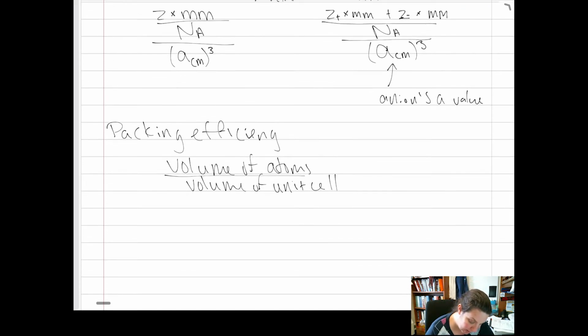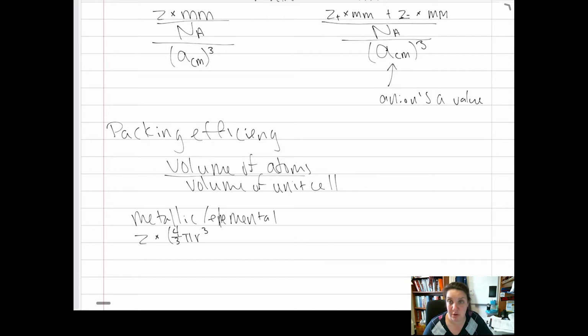So for metallic or elemental, this equation will be your Z times 4/3 pi R cubed, right? And this will be divided by A cubed.